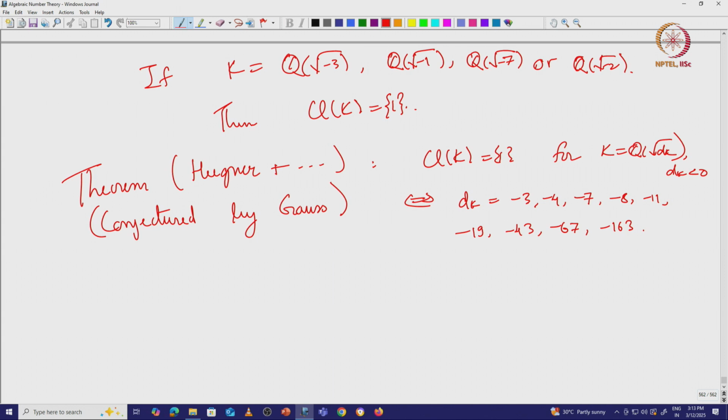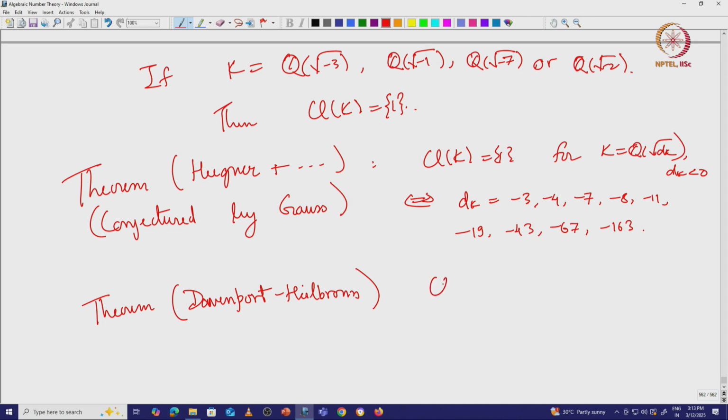And in fact, again it is a theorem, I think, due to Davenport and Heilbronn. Yeah, maybe let me write it like this: Davenport. Yeah, I think somewhere Baker's name should also go in, but I am not sure exactly where.